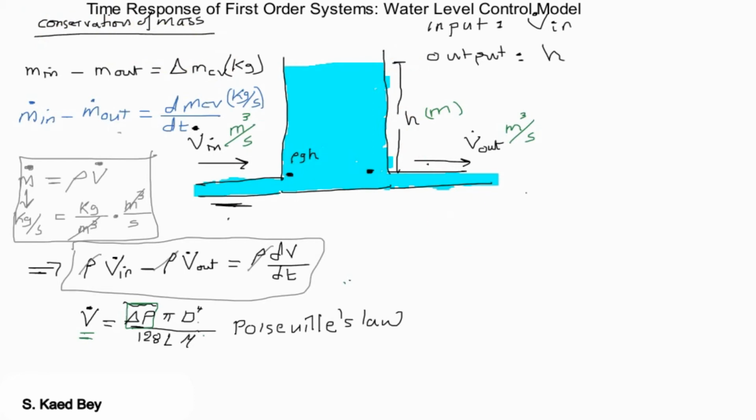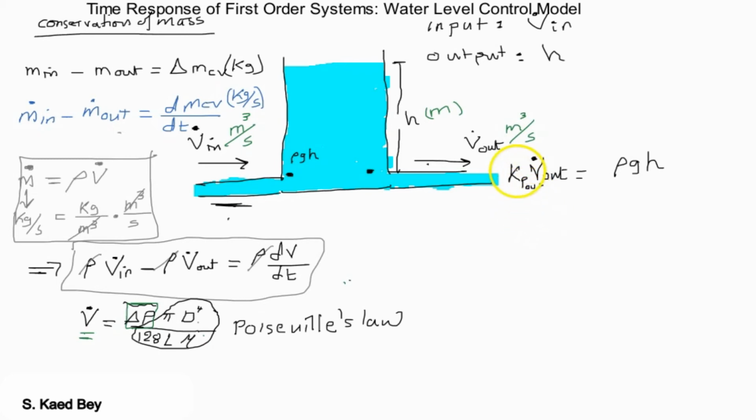If we apply the Poiseuille law, then the volumetric flow rate out can be expressed simply as a function of rho g h. However, because we have other terms included in the equation here, if we assume this is some sort of constant, we can write it as K, for example, times the pressure outlet.